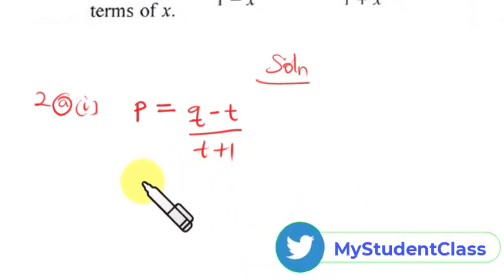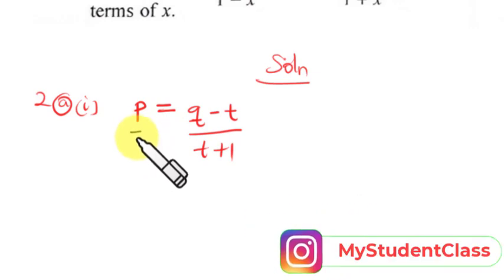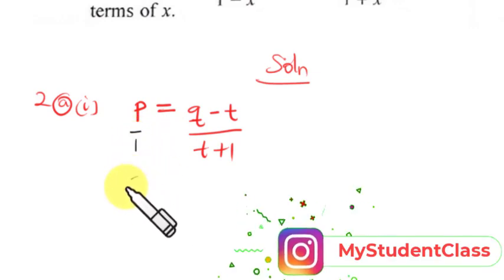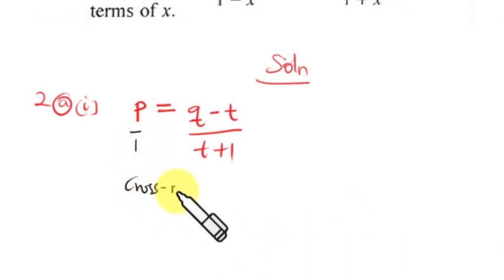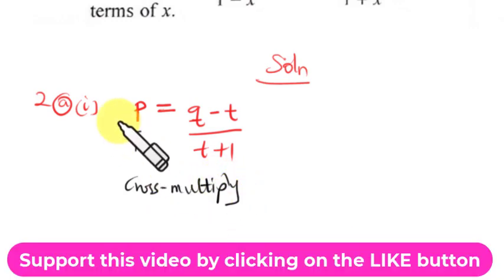First thing first, because we have got a fraction, P is the same as P out of 1 here, so we can cross multiply. Let me write it down here: cross multiply. I'm going to multiply what is down here by the P, and I'm also going to multiply what is down here, that is the 1, by the (Q minus T).